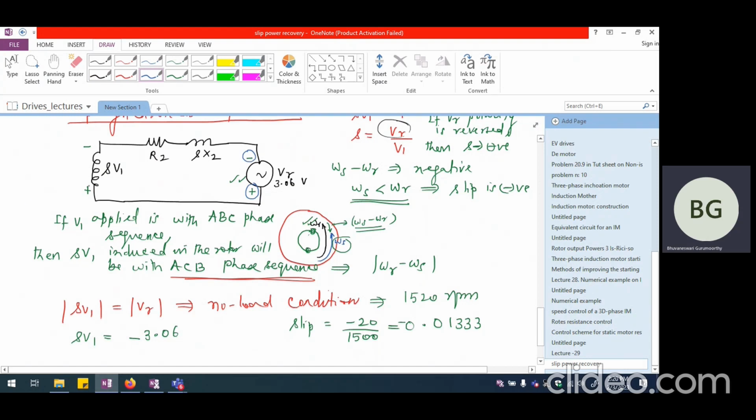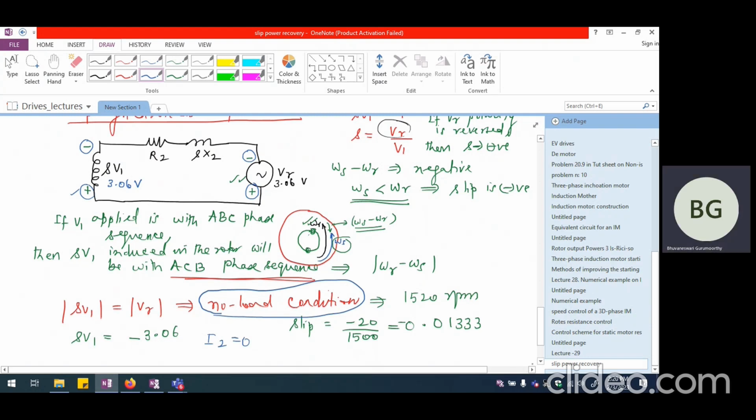And here also S times V1 is going to be 3.06 volts with plus here and minus here. Under this condition, we are going to have I2 equal to 0. So this is the no load condition corresponding to super-synchronous operation.